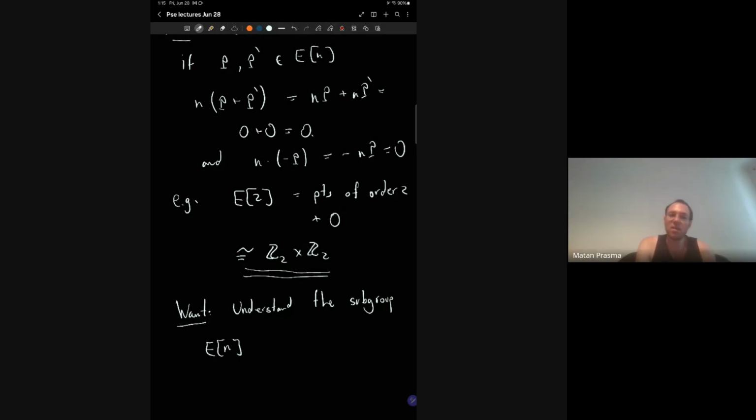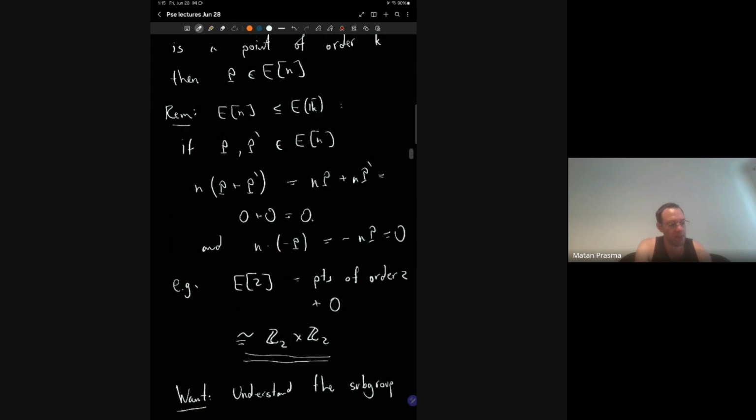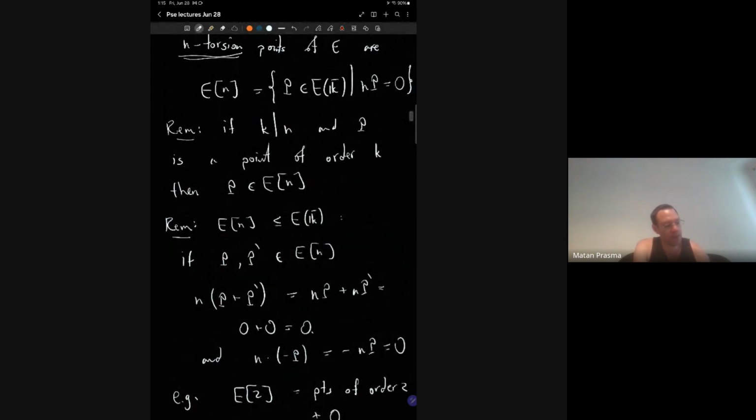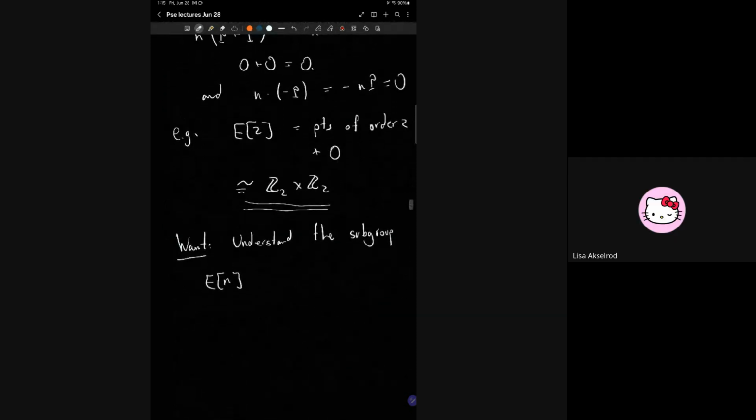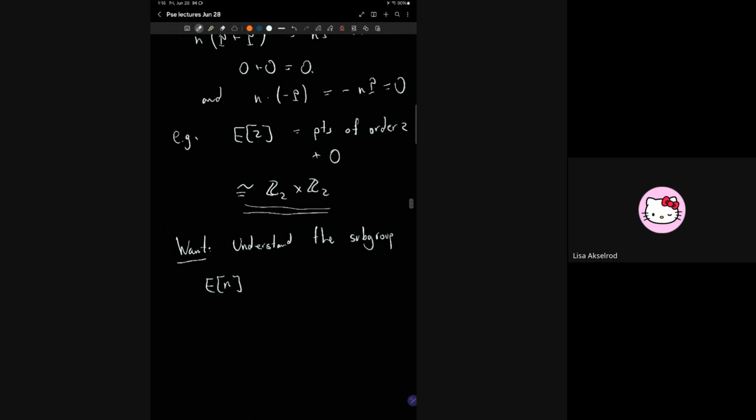No, that would not work, because as I said, if n is not prime, if n has some divisor k, then points of order k would also be in E[n]. Then all points of order n and of order of all divisors of n and the point at infinity.